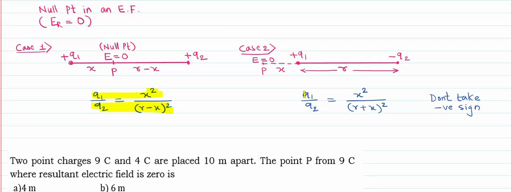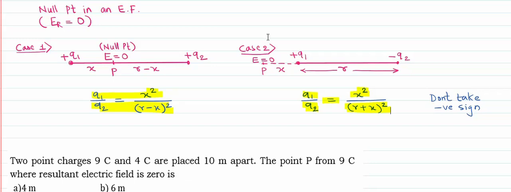If one is positive and another is negative, Q1 by Q2 is equal to x square by (R plus x) whole square. Use this shortcut formula, and within 2 steps you will have the answer.